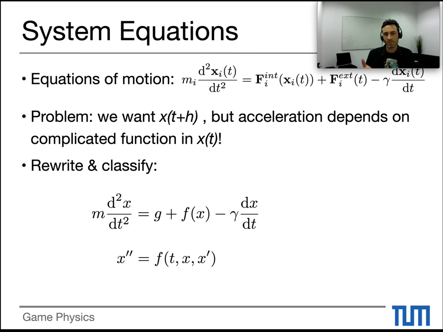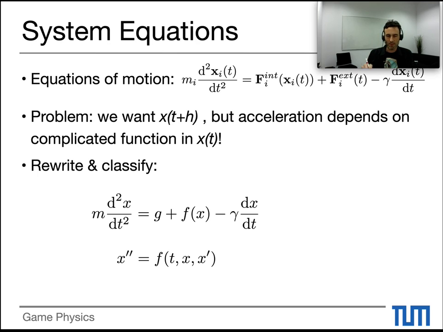Now, you could write this in notation you might be used to from school. If we denote a derivative by one of these dashes, and if we also bring the mass over, we have an equation that says the second derivative, or acceleration, is a function that depends on the time, surely. All of the x depend on time, right? It depends on the x and on the first derivative of x, the velocity.